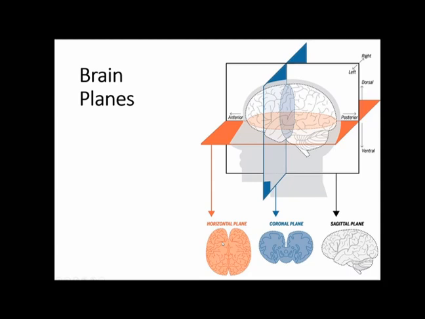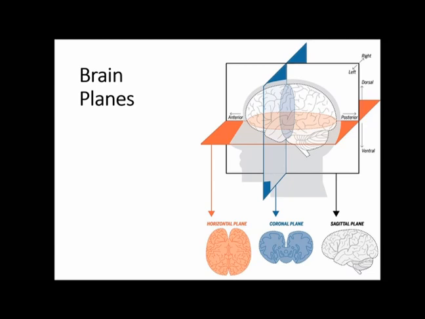So in this case, we're going to talk about different planes of the brain. So we can have this orange one, which is a horizontal cut through the brain. And these are named after the way that we used to most commonly look at the brain, where you would take the brain of a deceased person or animal, and you could slice it to look at those slices and see what's going on structurally.